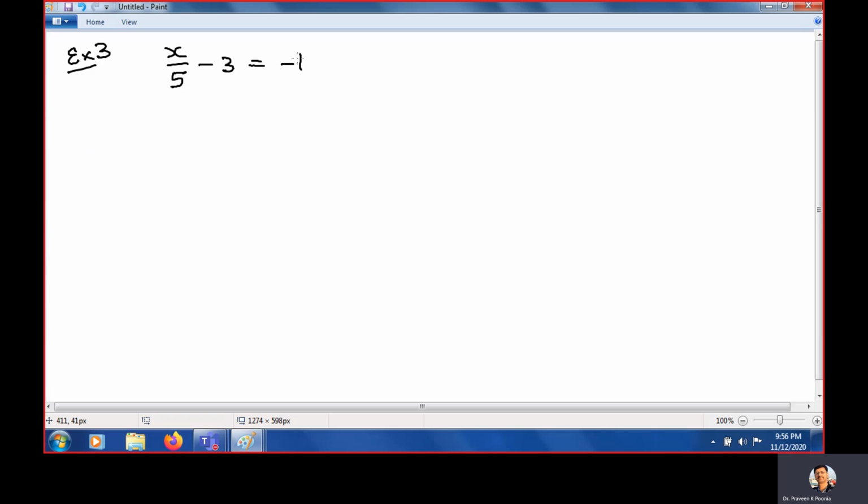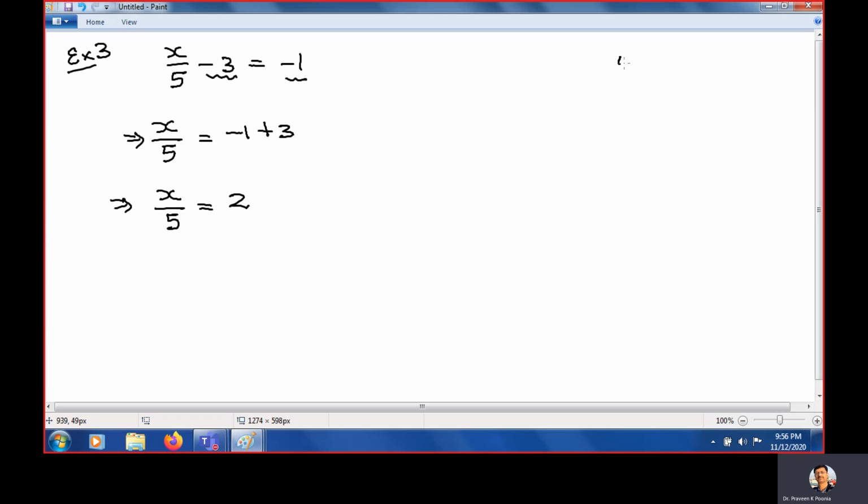This is the question. So what I told you, we will proceed with the same theory. x upon 5, you shift all the constant terms to one side. So minus 1, and this minus 3 will change into plus 3. So x upon 5 equals 3 minus 1, that is 2. Clear? So this is how we are getting it.